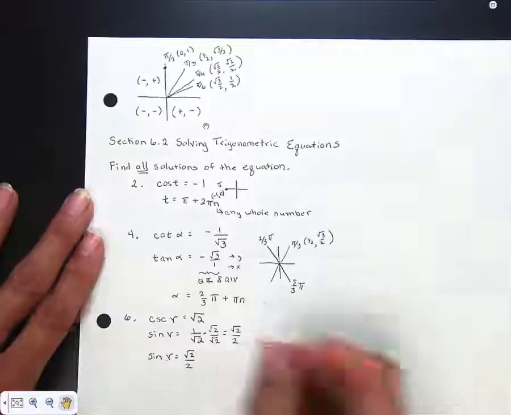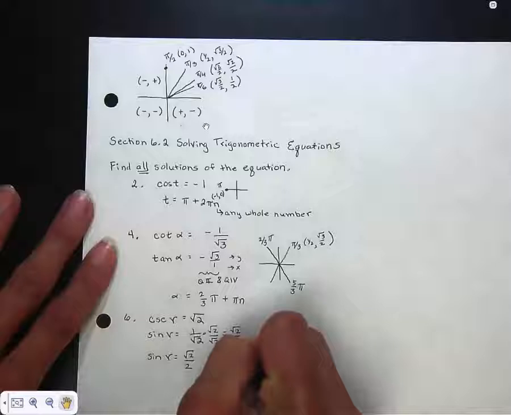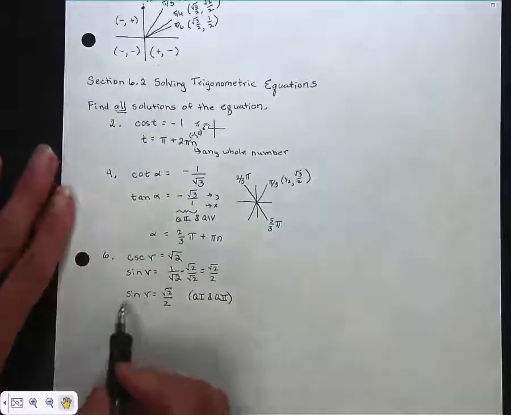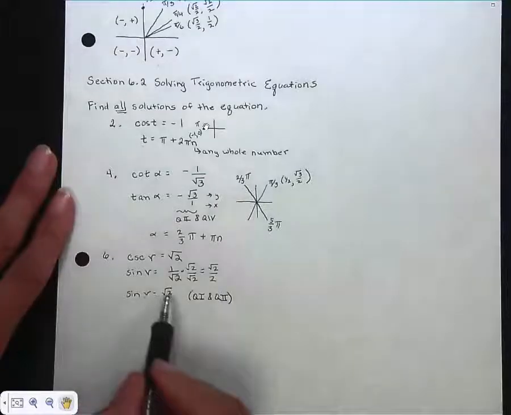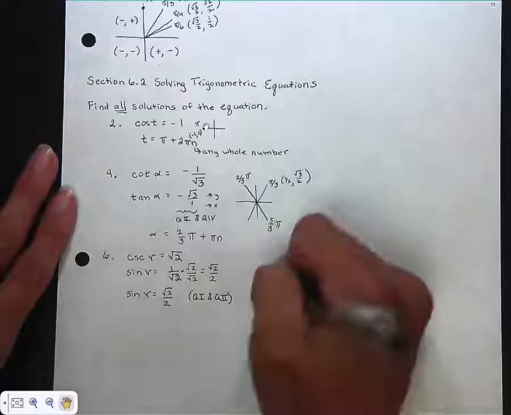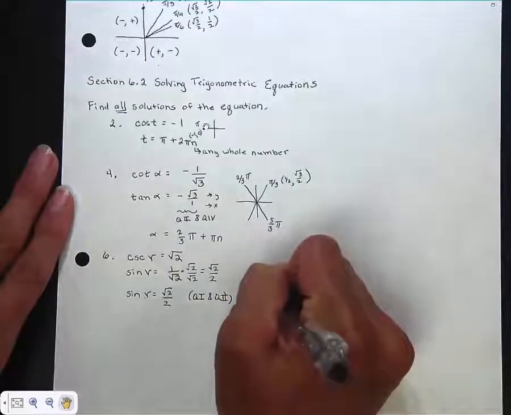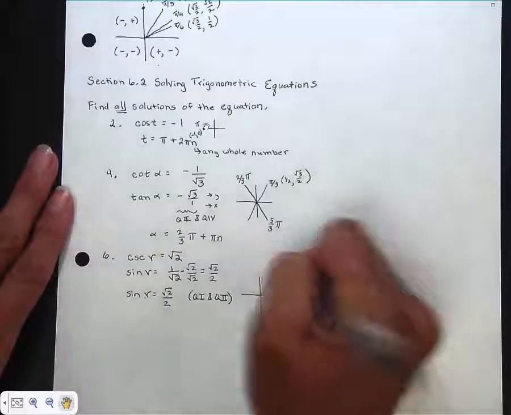I also know that my y-coordinates are square root of 2 over 2 at a quarter pi. So here's what I'm picturing. I have a solution in the first quadrant, it's pi over 4.